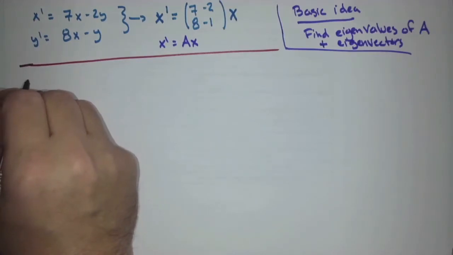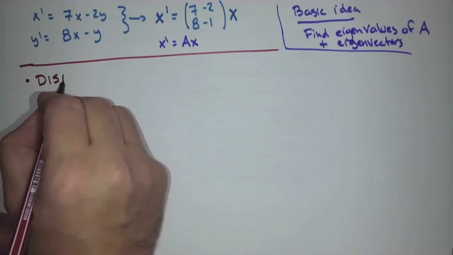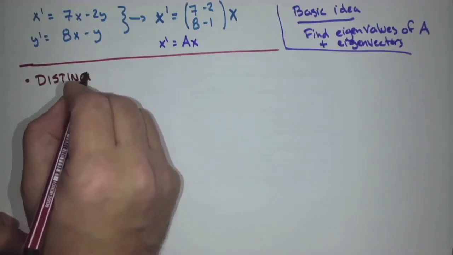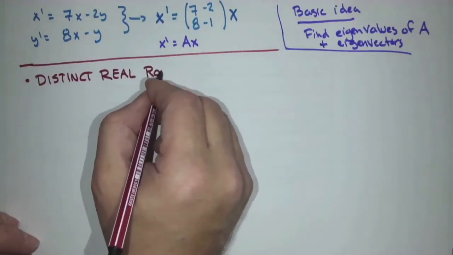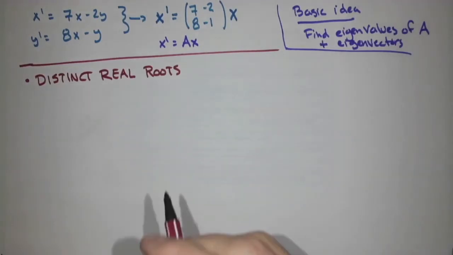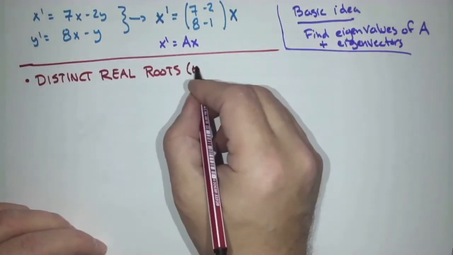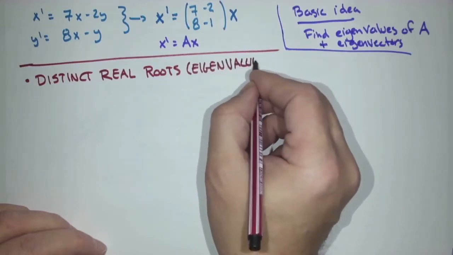Probably you'll see at least 2 of them. The easiest scenario, in some sense, is if you have distinct real roots. When I say distinct real roots, I should say the roots are the eigenvalues, the roots of the characteristic polynomial.